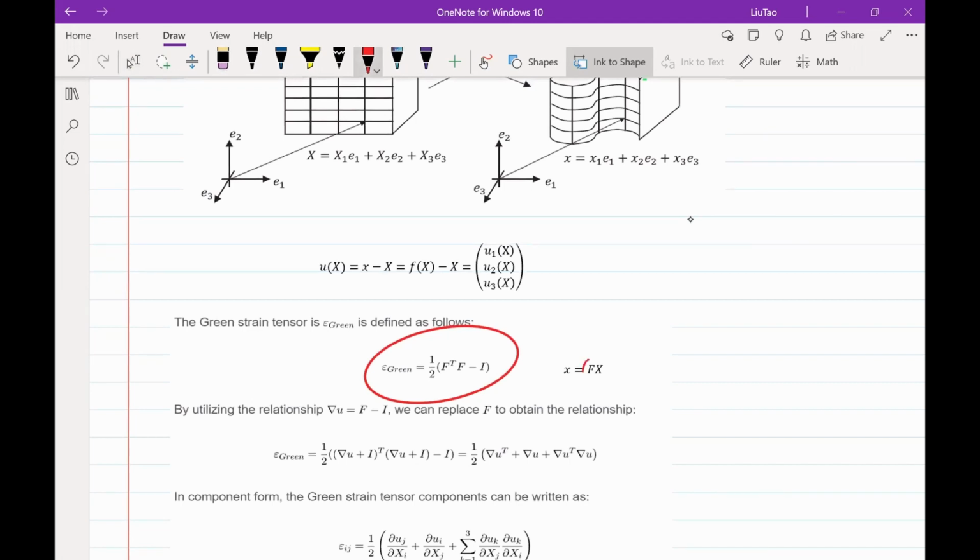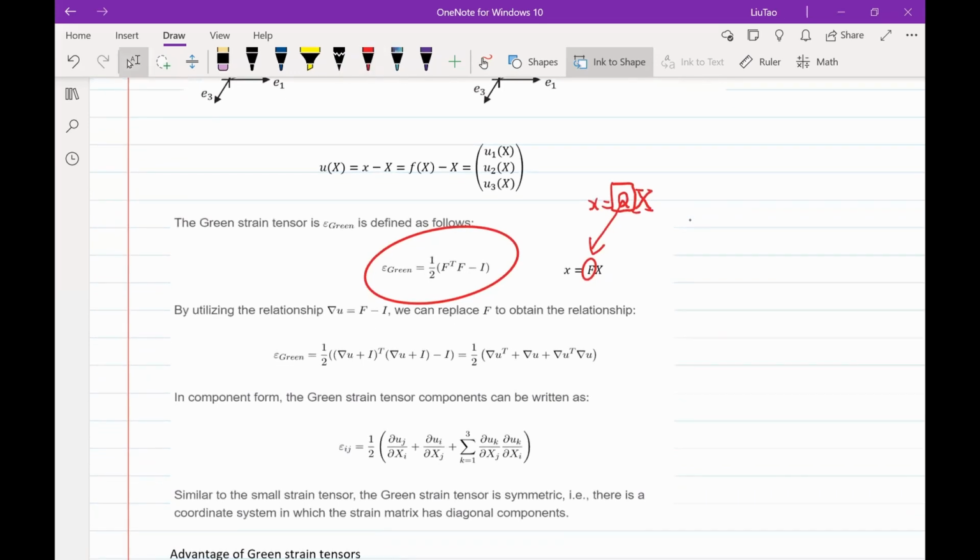So F is the deformation gradient. So if we know the relationship x is equal to QX or any other relationship, we just need to know this matrix. And this matrix is F.